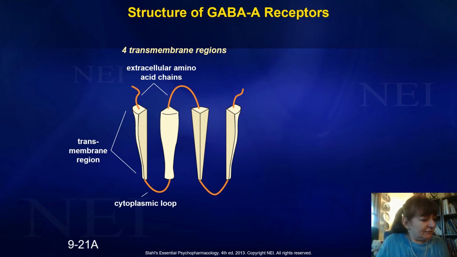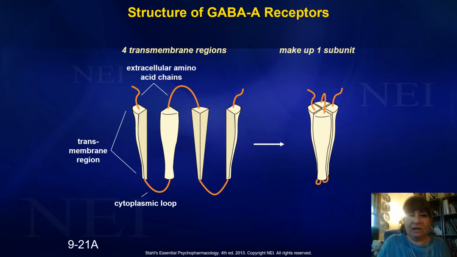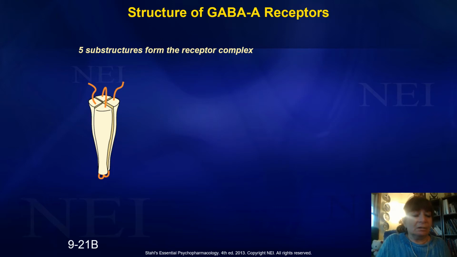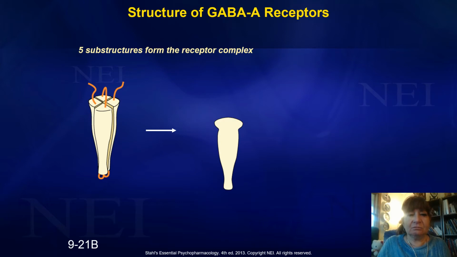And then different types of the subunits. So here's one subunit. So different types of subunits combine to form subtypes or isoforms. And there are 6 alpha.